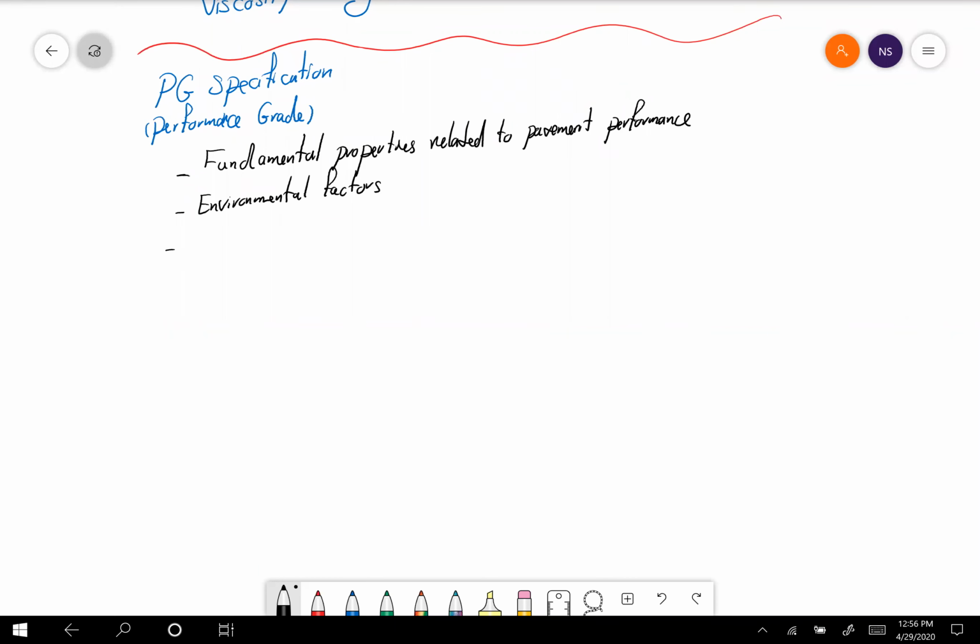It also includes the in-service and construction temperatures, basically one of the main classification criteria. And also short and long-term aging.